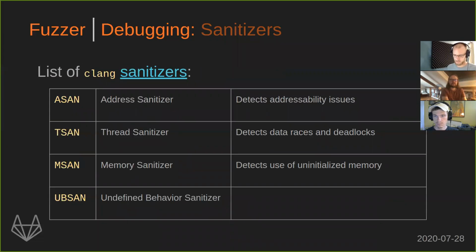So address sanitizer itself is pretty interesting. It does operate on the code at compile time. And if I remember correctly, every heap allocation gets its own page in memory. So that way, if anything is read beyond the scope of the allocation, then it causes a crash. So if you allocate a buffer on the heap and you try to read beyond the bounds of the buffer or write, it crashes.